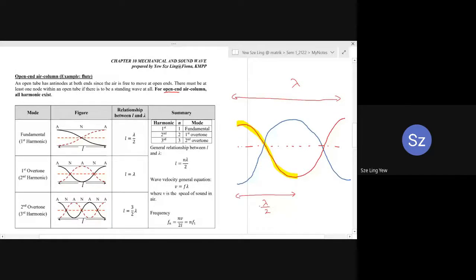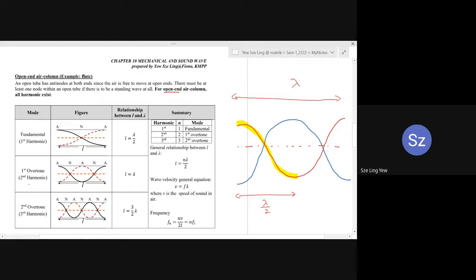Therefore, the relationship between L and the wavelength is L equals lambda over 2. From antinode to antinode, we have half lambda in between, the same length. So this one we call the fundamental frequency or first harmonic.